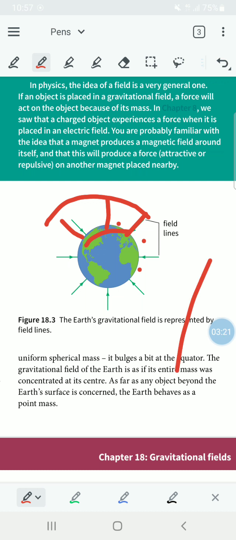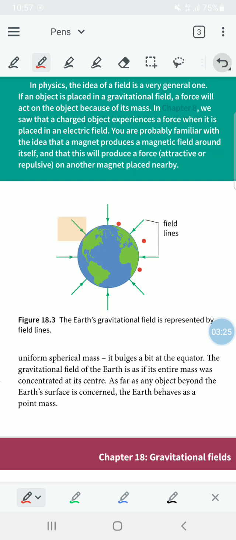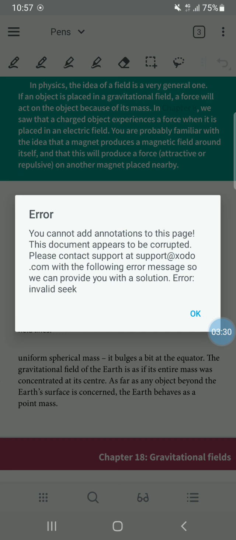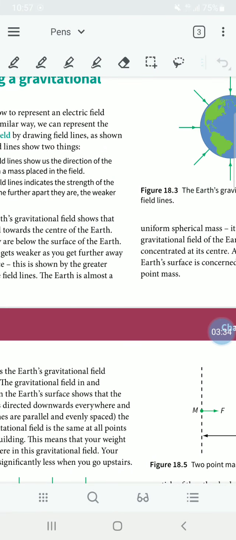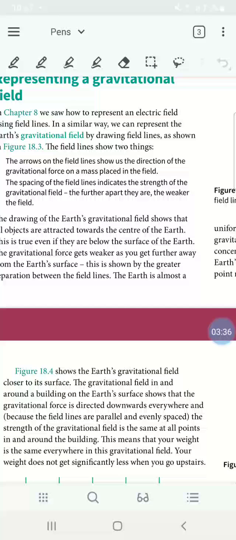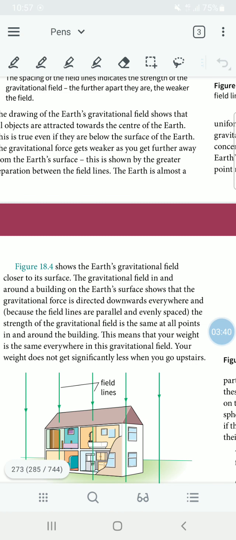That is something that you must try to memorize. Even though the entire Earth has gravity, it acts as if it is the center of the Earth that has all the mass.